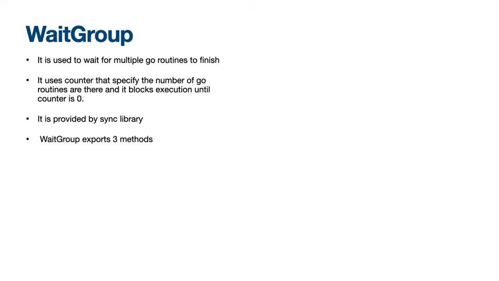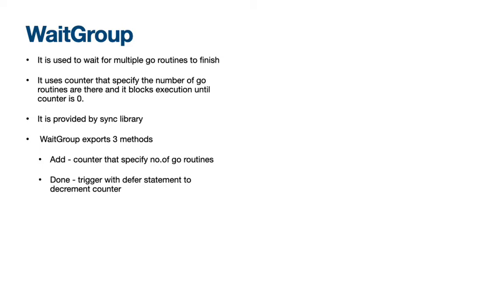There are three methods that wait group exports. The first one is Add, where we add to the counter, that means how many Go routines are being created. The second one is Done. Done is basically triggered with the defer statement, and it decreases the counter value.